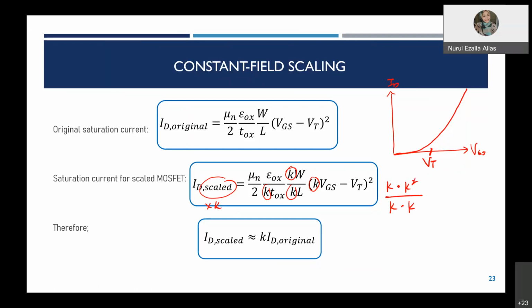If you cancel out all the K, the remaining equation will be ID scaled is equal to K times ID original. This is the final equation for the ID scaled, meaning that you have to multiply by the K value, typically 0.7.